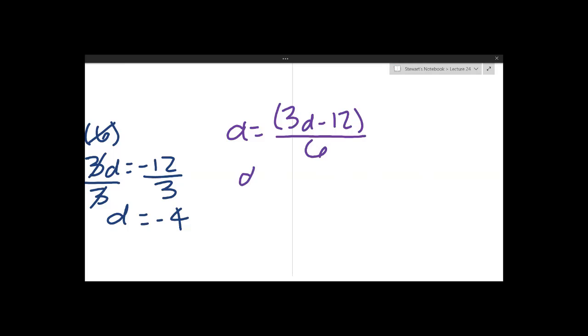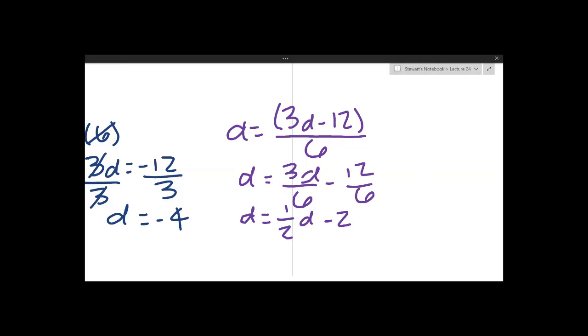So we'd have d is equal to 3d over 6 minus 12 over 6. So what we'd have then is d equals 1/2 d minus 2.